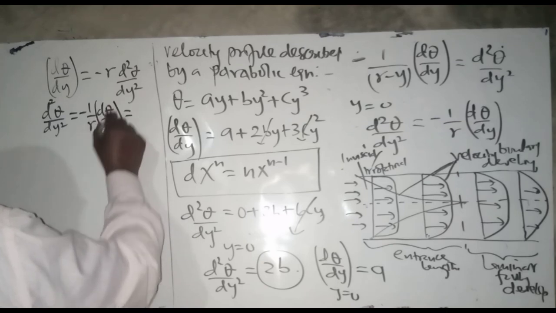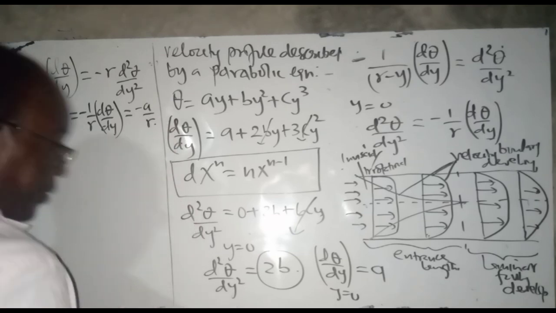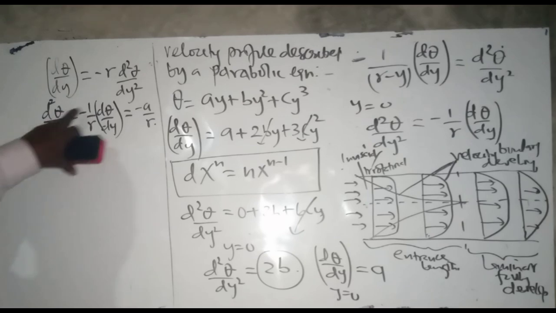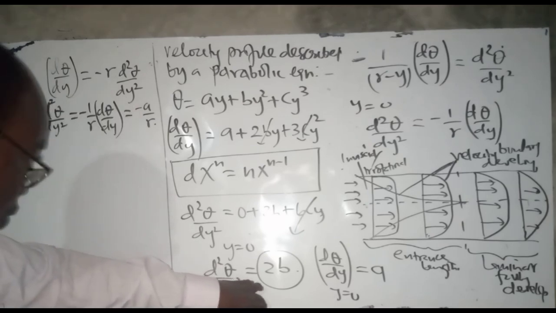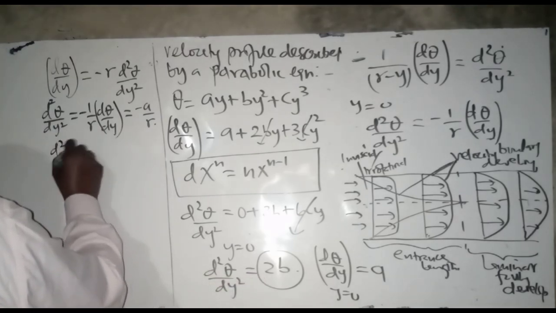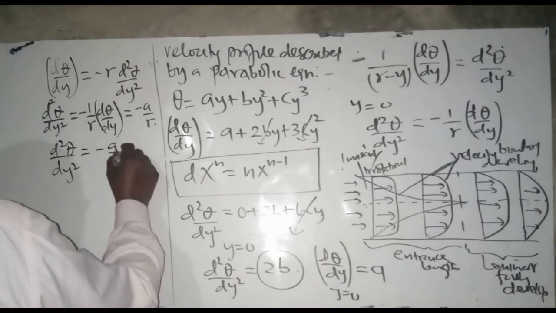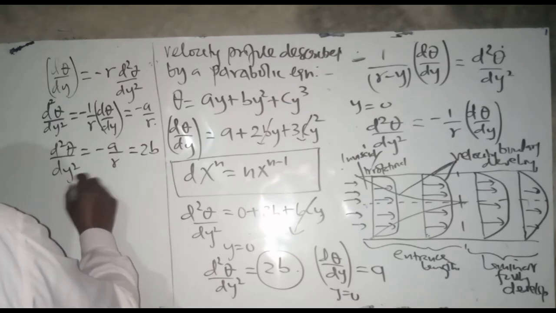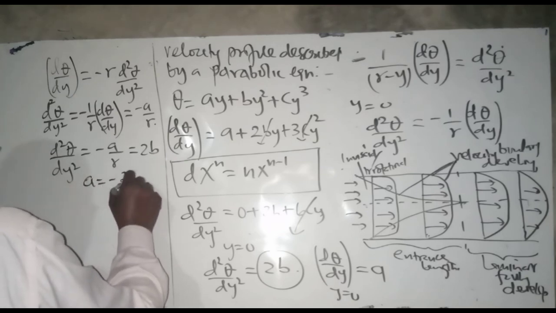And what is d theta dy? It is a, so that is minus a over r. And we also know that d2 theta dy squared is actually 2b. So d2 theta dy squared is equal to minus a over r, but that is also equal to 2b. So that we have a is equal to minus 2br.